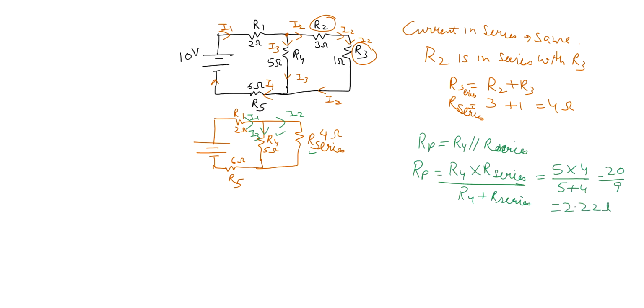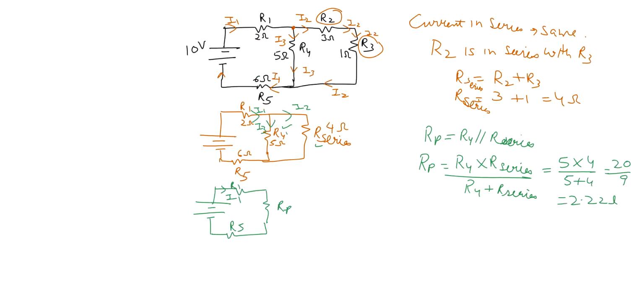Now, if I redraw the circuit, my new circuit will look like this: this is R1, this is RP, and this is R5. This is I1 current. RP was a parallel combination of R4 and R series. Now all three are in series.